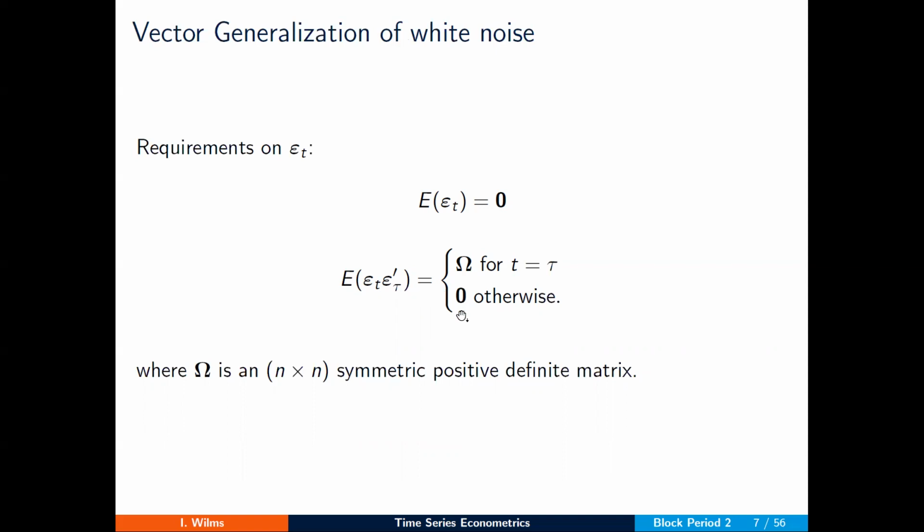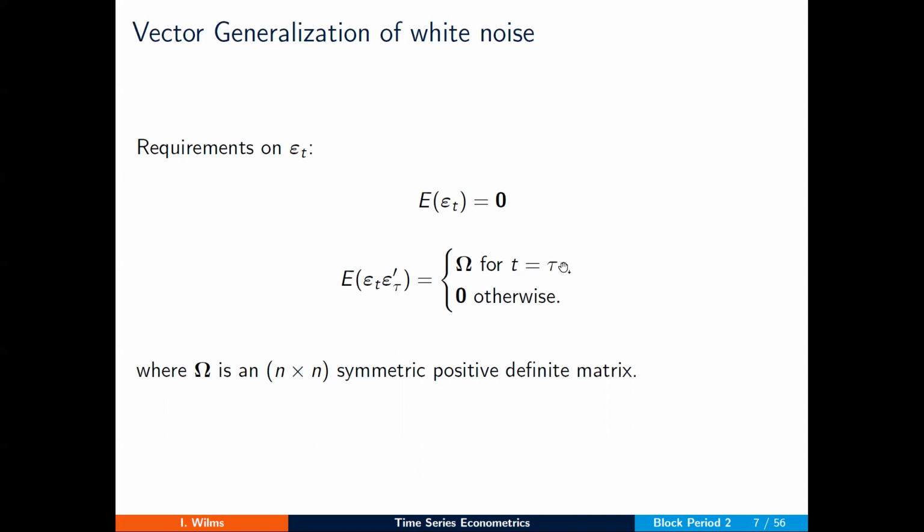So no correlation between the error terms across different time points. That means that the error term of inflation and unemployment at the same time point t are allowed to be correlated, but not across different time points.